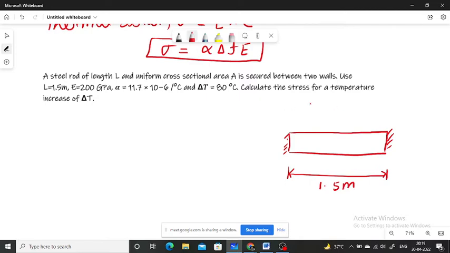Calculate the stress for a temperature increase of delta T.